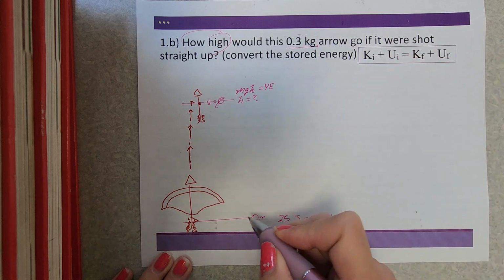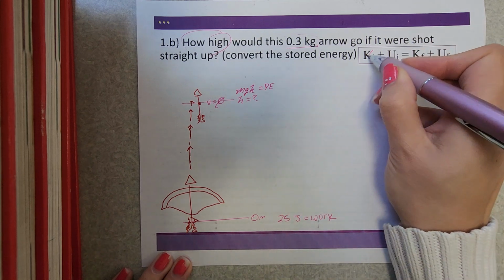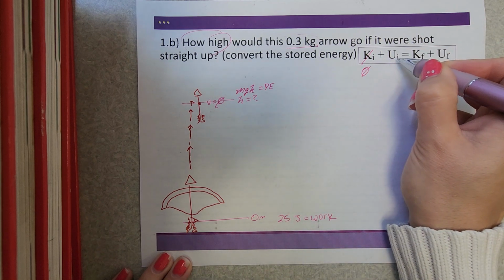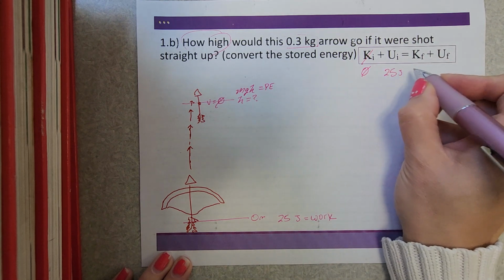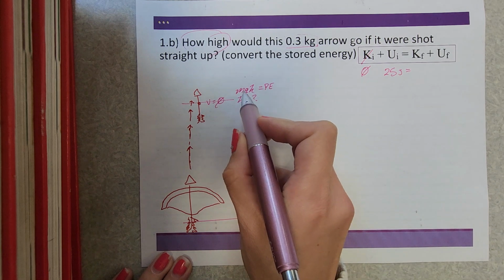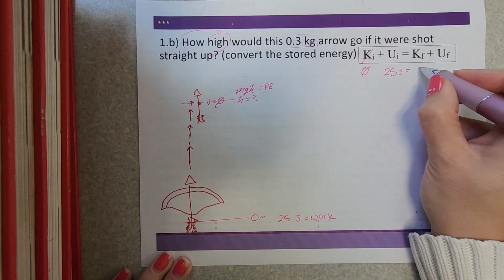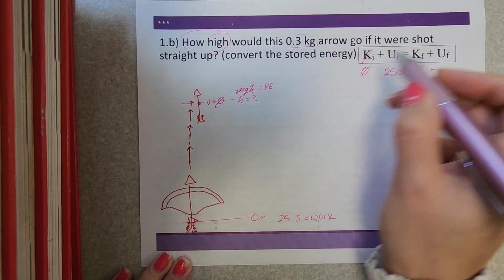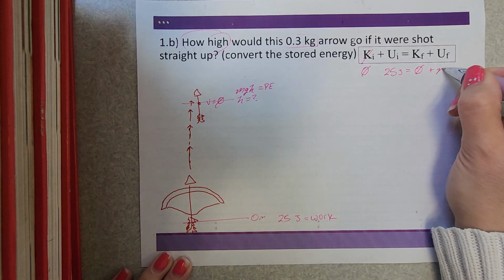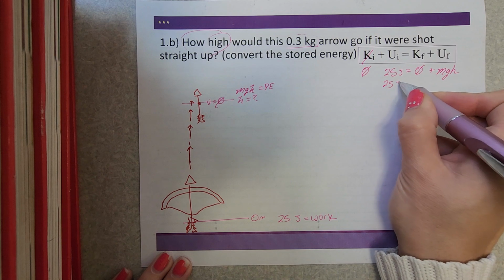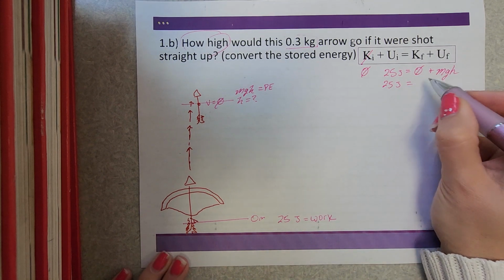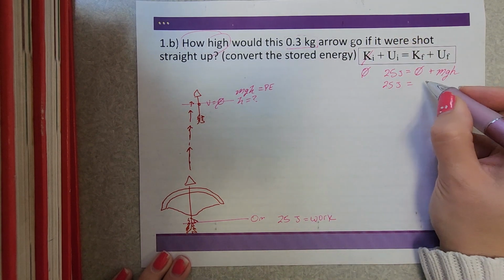The initial kinetic energy of the system is going to be 0. The initial energy is equal to the 25 joules of work done. And the final kinetic energy is going to be 0 because the arrow comes to a stop. And the final potential energy is going to be mass times gravity times height. So the 25 joules input into the system will transform into height.